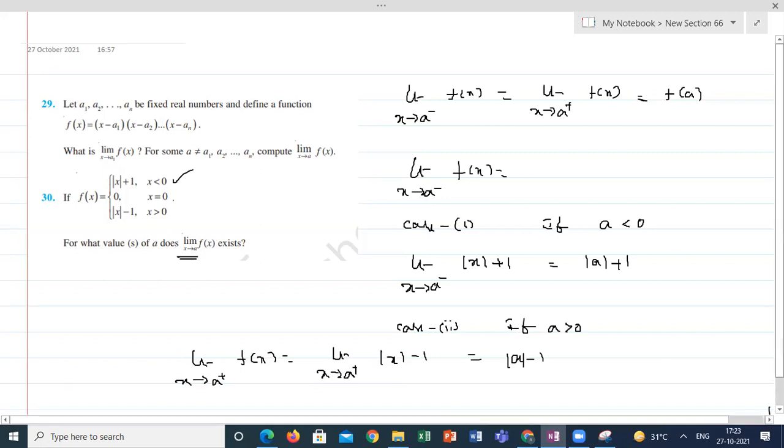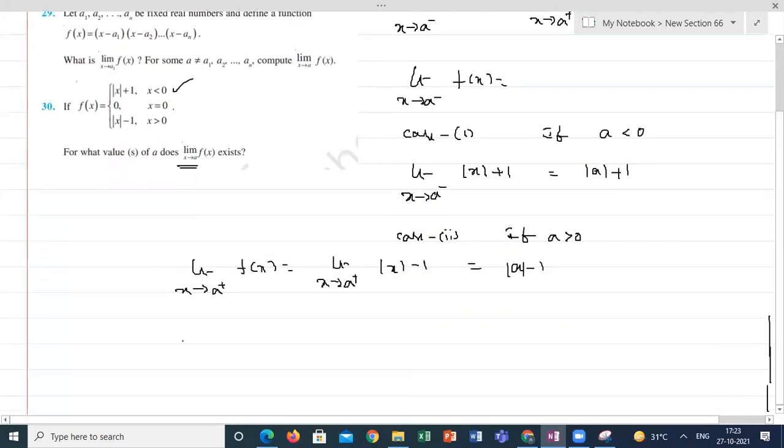Third case, if a is equal to 0, the limit as x tends to a plus of f of x will be equal to the limit as x tends to a minus of f of x. When a is equal to 0, sorry, both the things are not equal here.